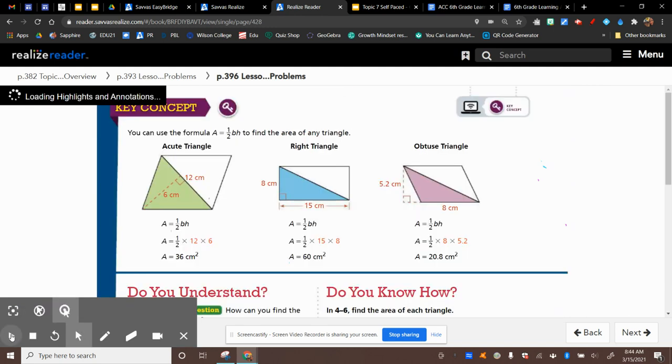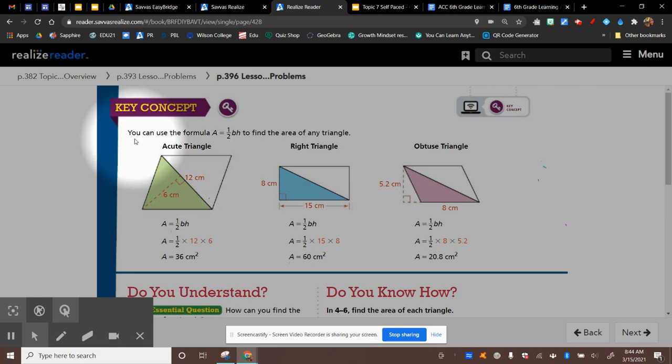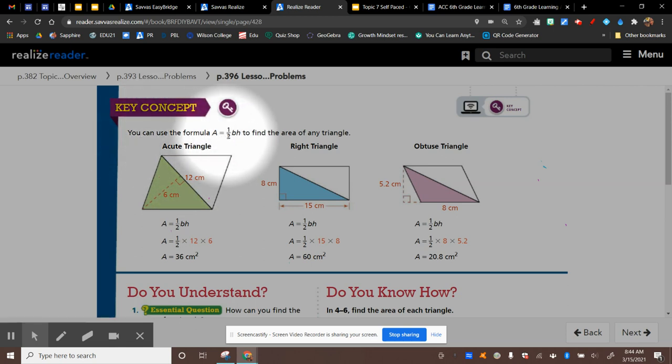Turn the page. This key concept up here at the top is always a great reference sheet. So it says you can use the formula area equals 1/2 base times height to find the area of any triangle. An acute triangle means that the angles are less than 90.